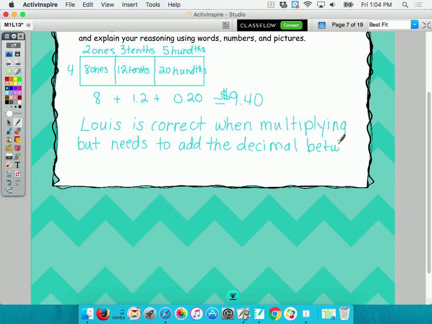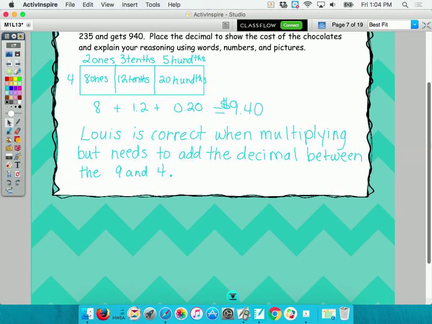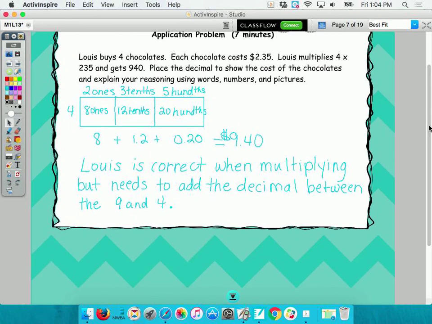Now, why do we know that's correct? How do we know that's correct, Tobias? Because I really need to say, I know this because, but I'm not going to write anything else, but how do I know between the 9 and 4 is correct? What do you think?